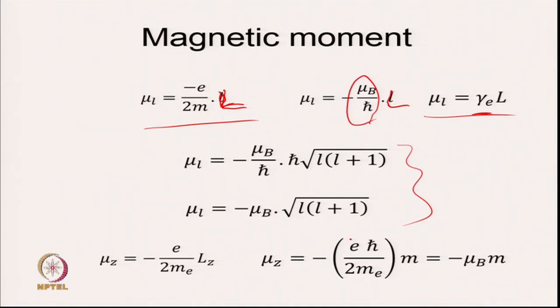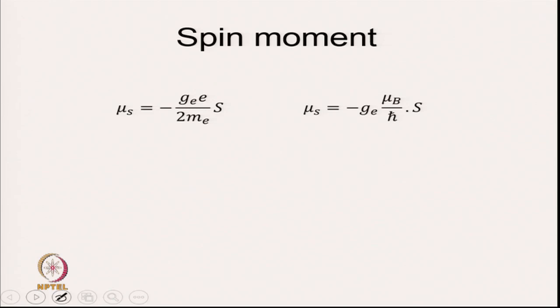Mu z can also be written. In that case, L will be replaced by L z, and L z is equal to m h cross, as we know. So, here we have written it in terms of m h cross, and mu z will be given by minus mu B m. So, this is about the magnetic moment due to orbital motion.